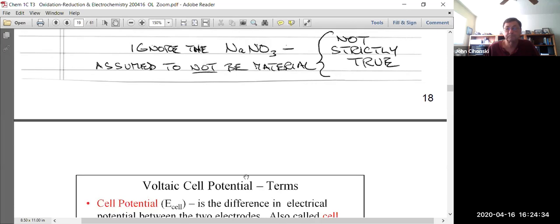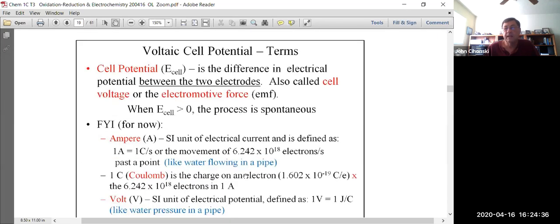All right. Now, lastly, what I want to do is go over some terms with you. Now, we will use these throughout the rest of the chapter. We're not going to go into depth here, but I want you to be aware of them and be thinking about them. So whenever we come back to them, you'll at least say, well, I'm not sure what it is, but I've heard of it. Okay?